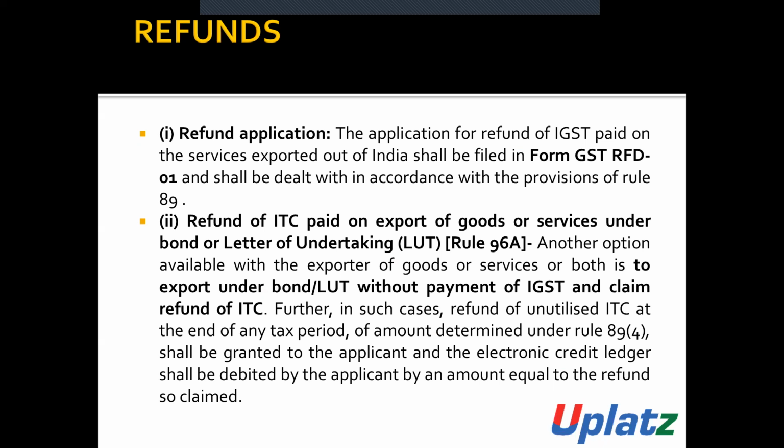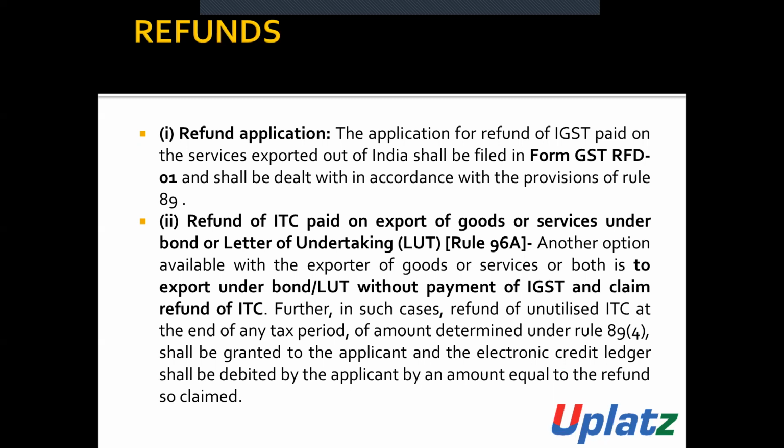Another option available with the exporter of goods or services or both is to export under the LUT or under the bond without the payment of IGST and claim the refund of ITC.